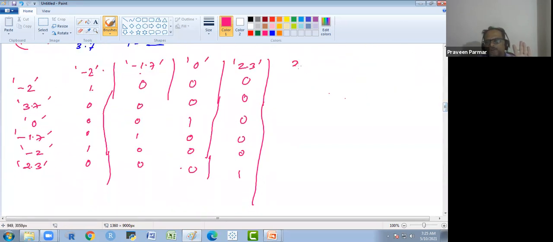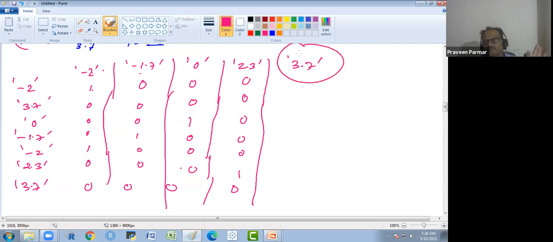I am writing 3.7, but we have dropped it. I am showing you that if there is 3.7, then it will be 0, 0, 0, 0. It means it will go to the dropped category, which we are not mentioning here. If all 4 are 0, it will go to the fifth one. Does that make sense to you?